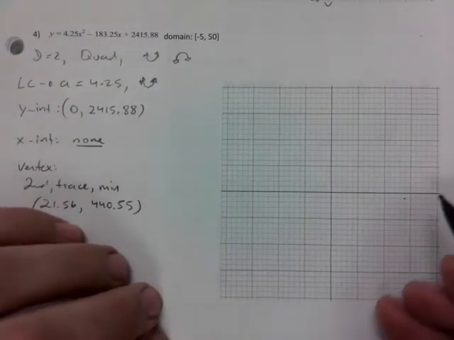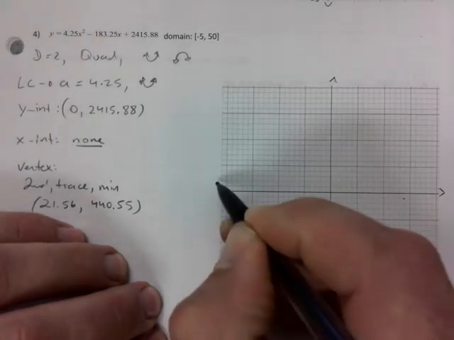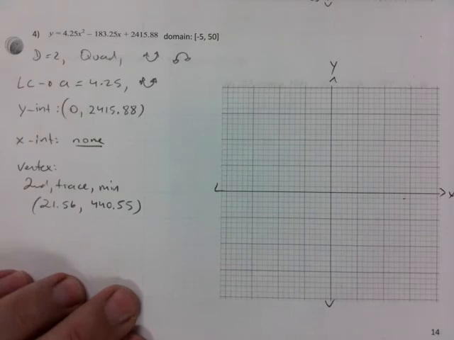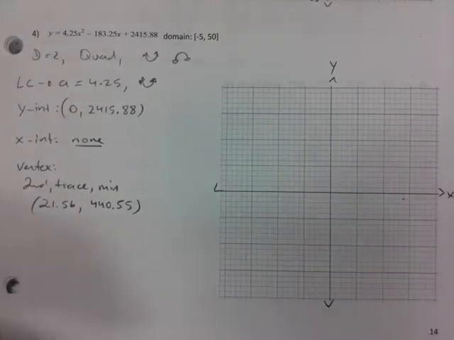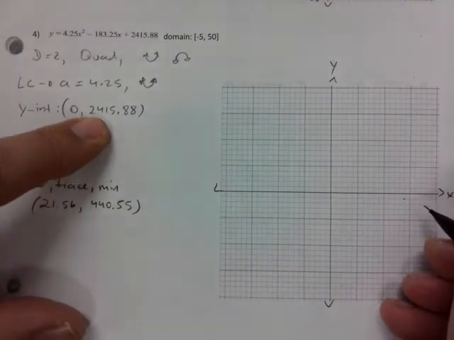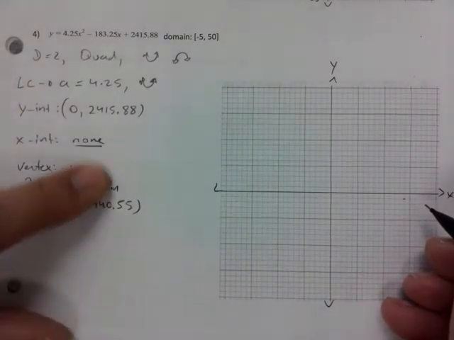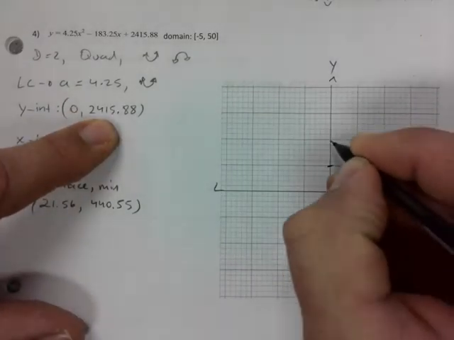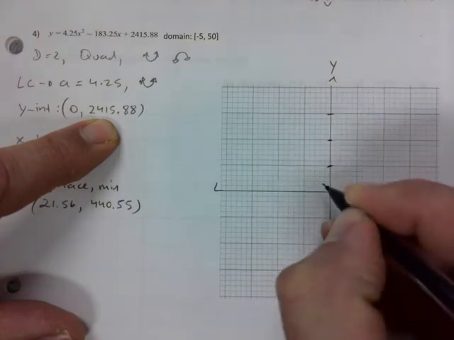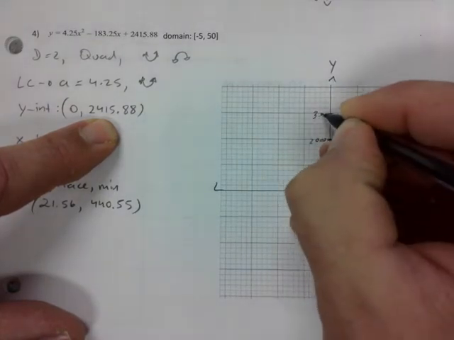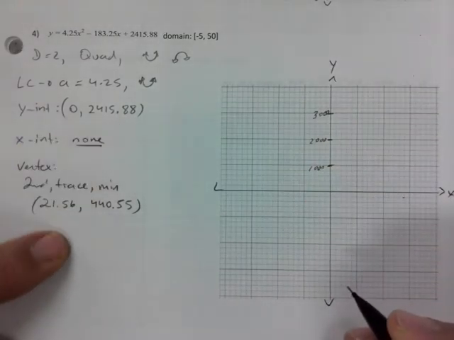So here we go. X, Y, and here you have your scale. My y-intercept is way up there. Same with my vertex, right? But this is really the one. So I'm going to go 1,000, 2,000, 3,000. Okay.